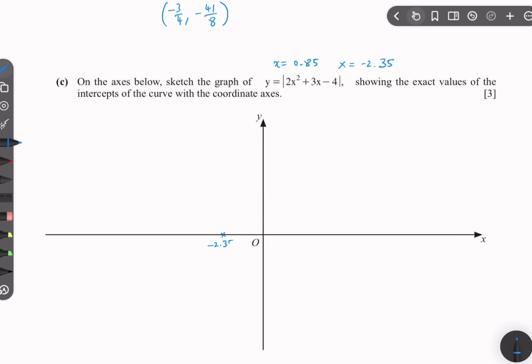Okay, so I'm just going to put it on this graph. And the y-intercept for the original quadratic graph is minus 4 without the absolute sign, but because of the absolute value sign, the entire graph has to be above the x-axis, so the y-intercept will now be 4.